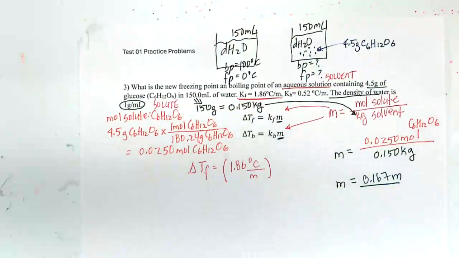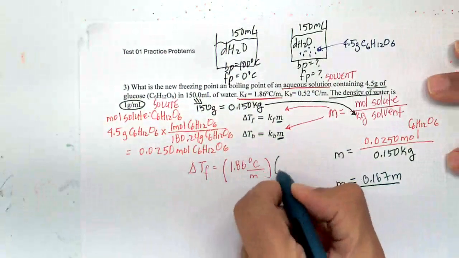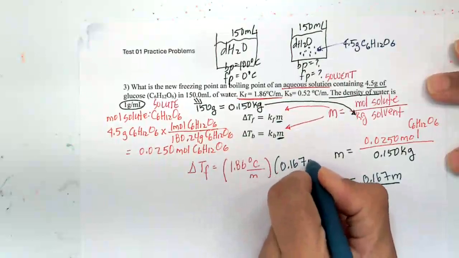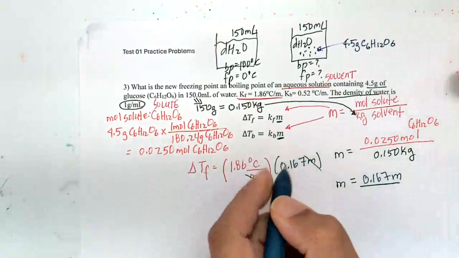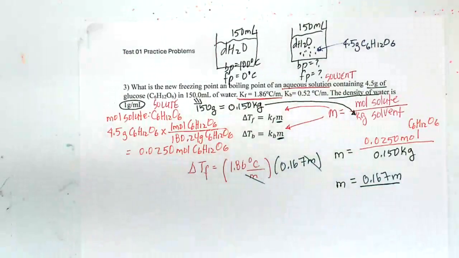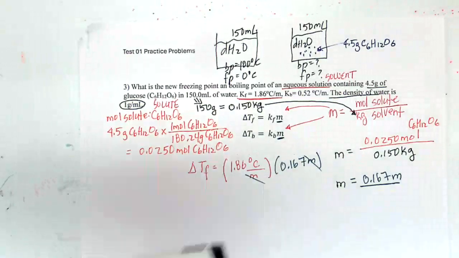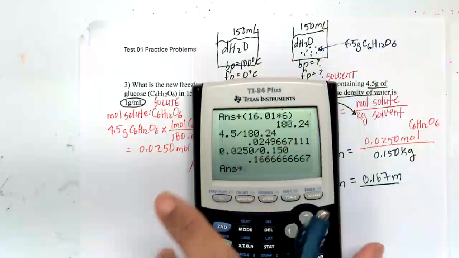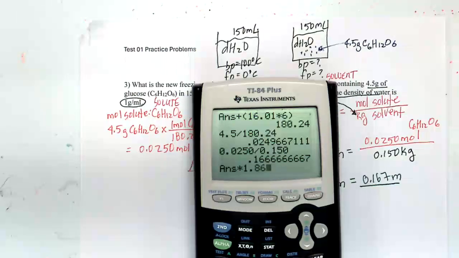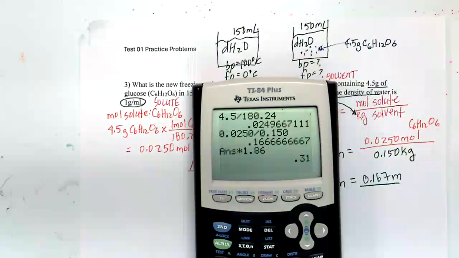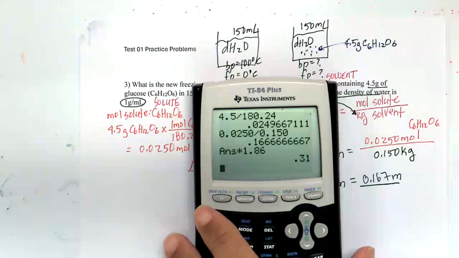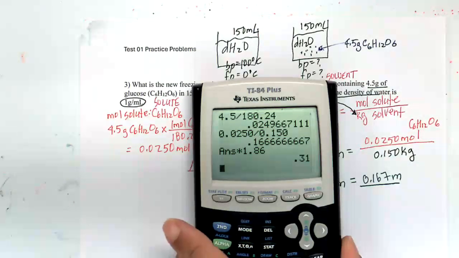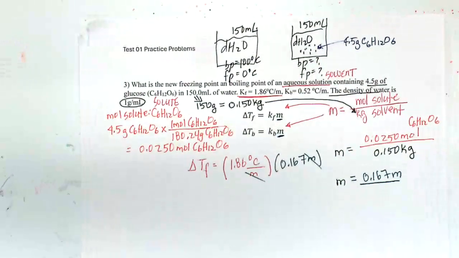All right, let's first calculate the freezing point depression. 0.167 m. The molal and molal cancel. So 1.86 times 0.167. What do you guys see here? It's about 0.31 degrees. So this is not the answer. You do not put this as the answer on your test.